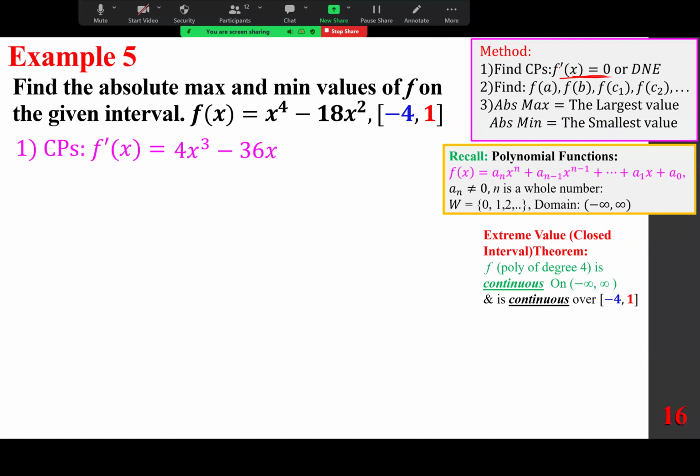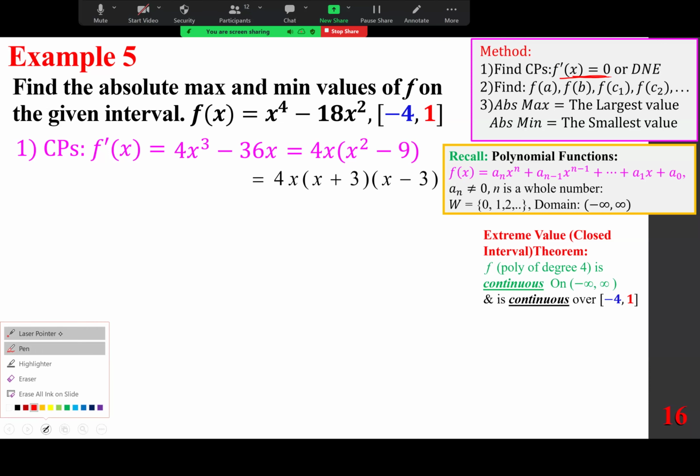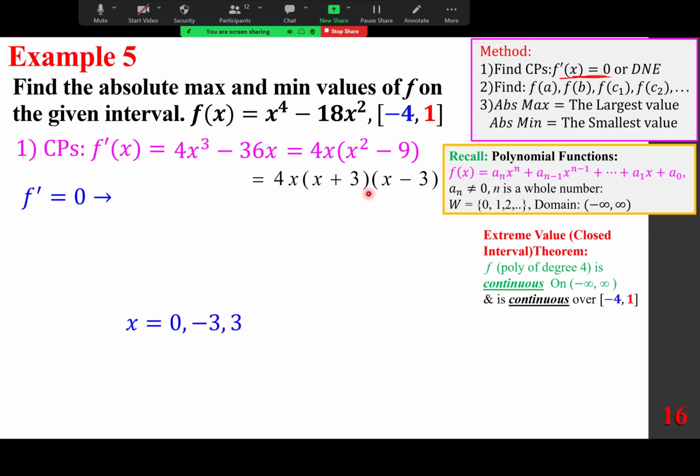To do so, I'm going to factor out the 4x. I get 4x times x squared minus 9. X squared minus 9 can be factored into x plus 3, x minus 3. And therefore, if I set this equal to 0, I have 3 answers. X is 0, x is negative 3, x is positive 3.